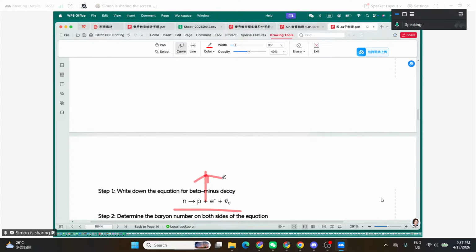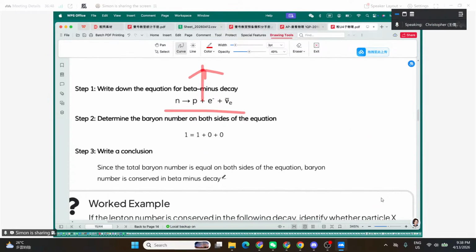Neutron and proton are baryons, and the rest are not. First, we use this one to represent it: the positive one, right?